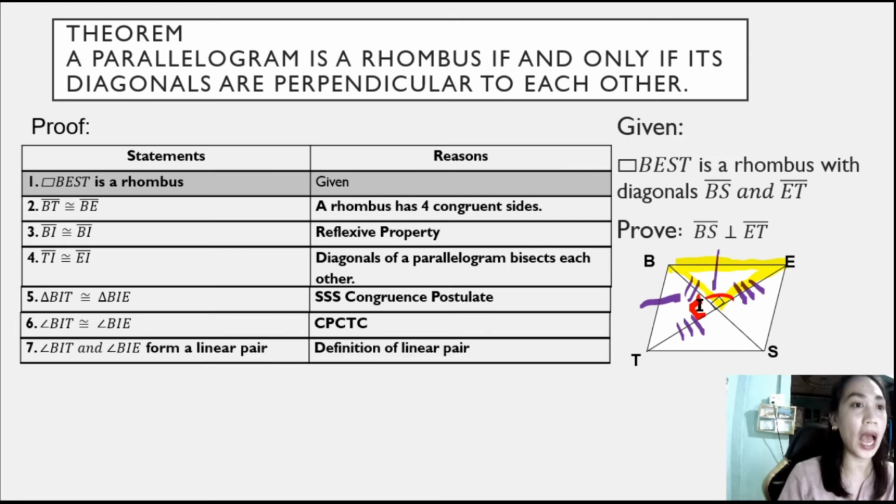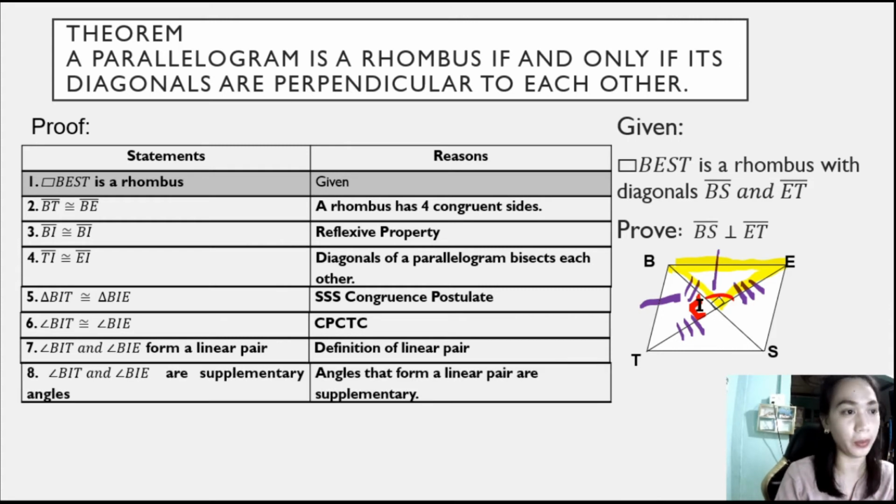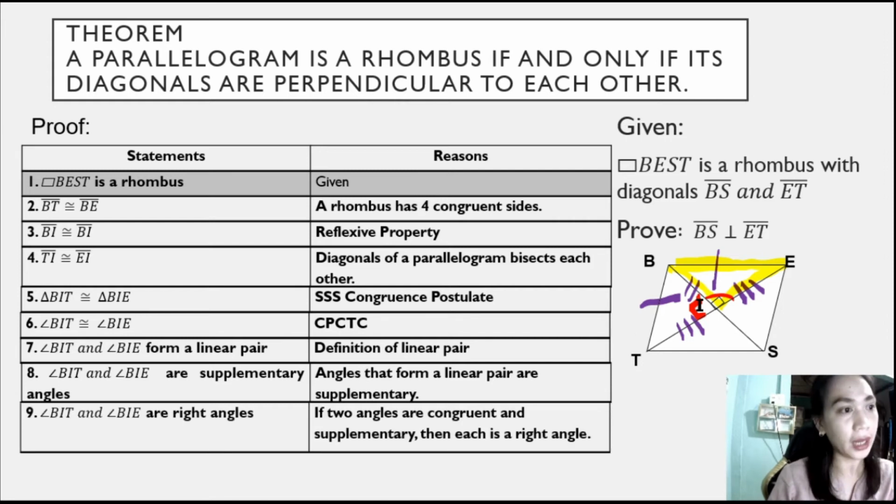So since angle BIT and angle BIE form a linear pair, the reason is the definition of the linear pair. So you have the BIT and then the BIE. So they are supplementary angles. Since they are supplementary angles, they form 180 degrees.